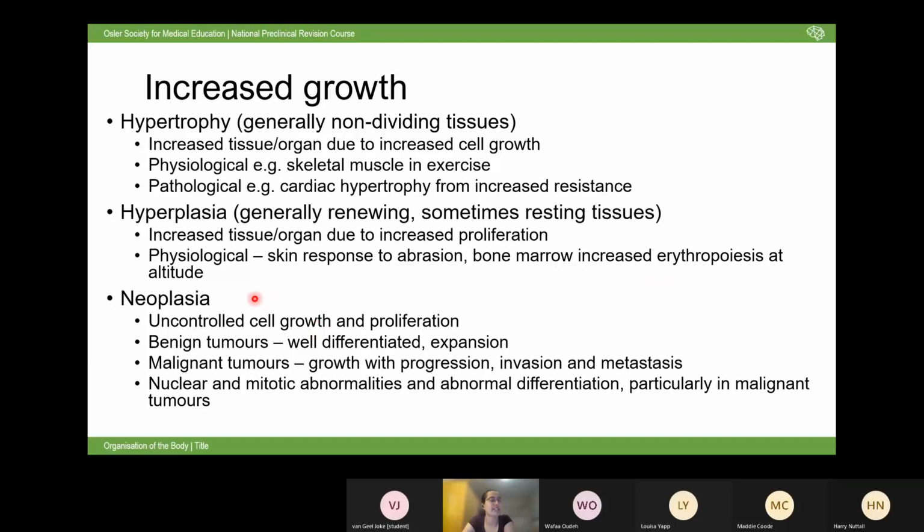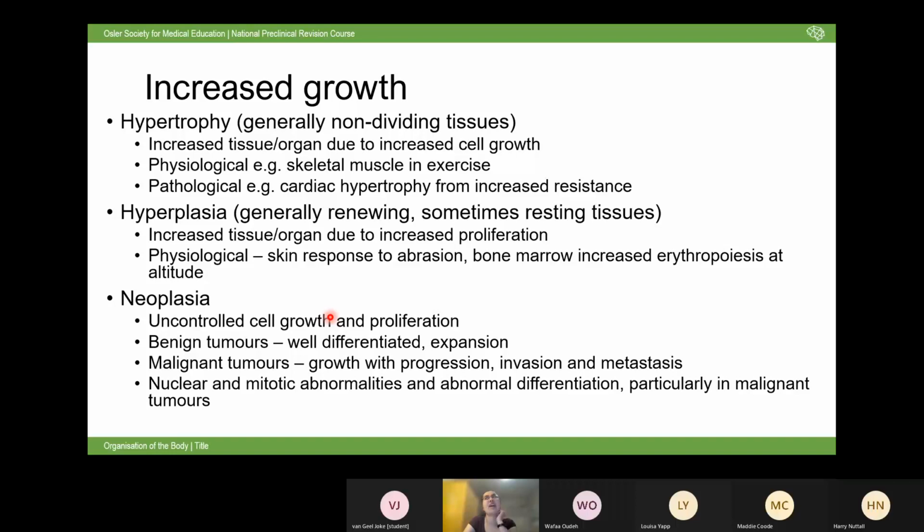And so hyperplasia is physiological, but in neoplasia, it becomes uncontrolled and not in response to a specific stimulus. And that is going to produce a tumor, unless it's, I guess, in like leukemias and stuff like that. But tumors can be benign, which essentially tends to mean that they're well differentiated.